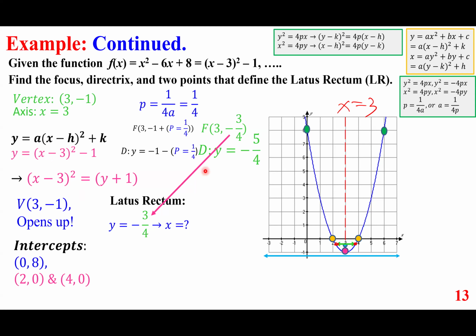The y coordinate is negative 3/4, everybody. How do you know that? Just by the nature of the latus rectum. And evaluate. So I'm going to leave it for you to verify that. And therefore, the endpoints are 5 halves, negative 3/4 and 7 halves, negative 3/4. This is one way to find those points.